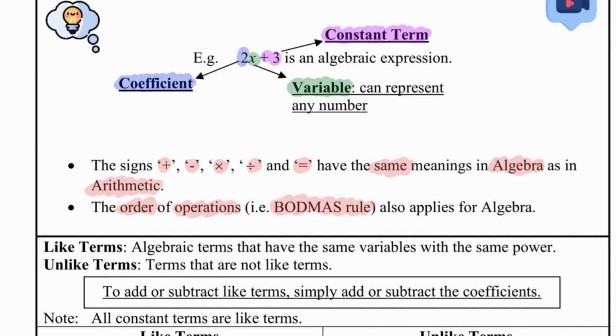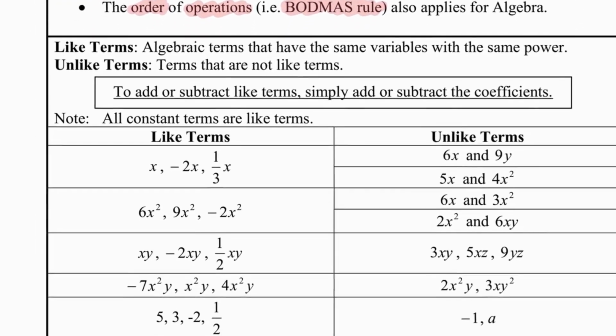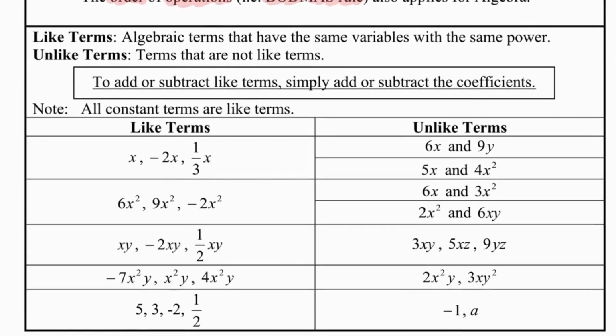The next part would then be to have a quick look at what we call like terms and unlike terms. So for like terms, right? Like terms will be terms that have the same variable with the same power.